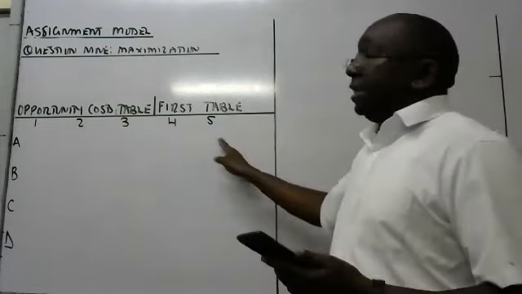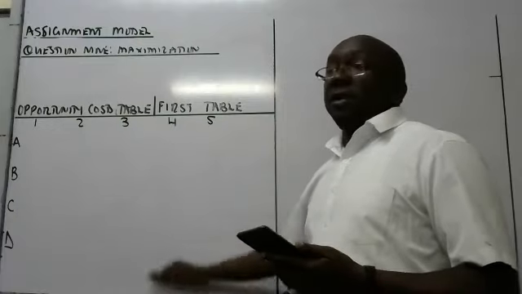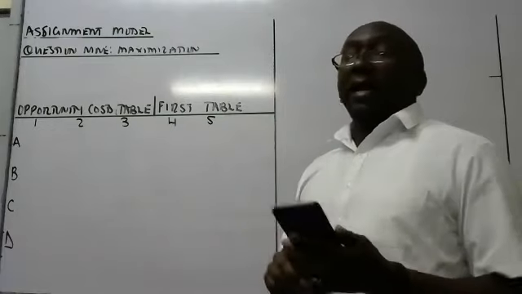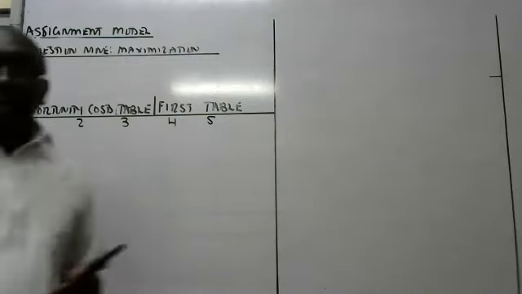So how many columns are these? 4. Columns. Sorry, 5. And rows ni ngapi? 4. So you create a dummy. You need to create a dummy row. We need a dummy here. So dummy tunaweza weka D apostrophe 4.